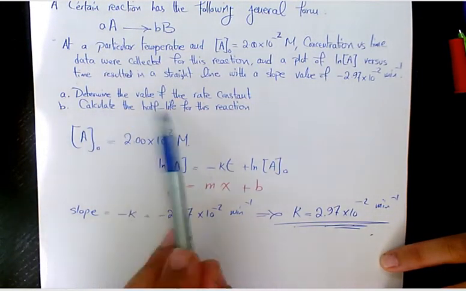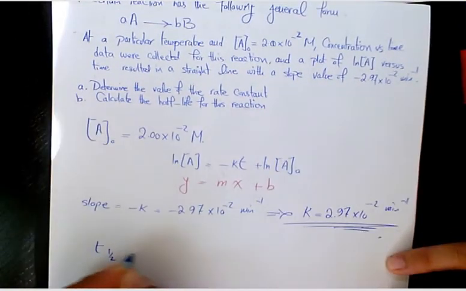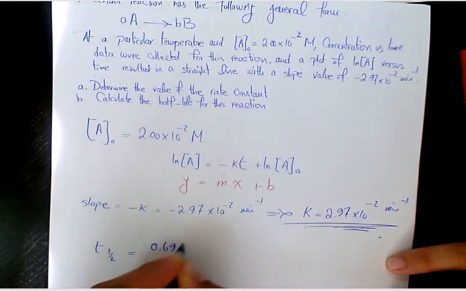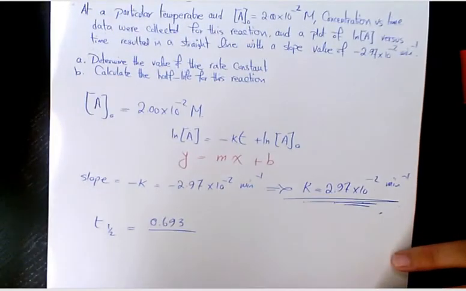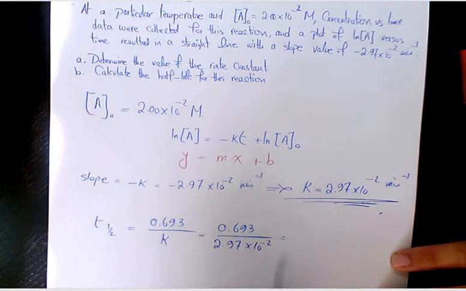It says calculate the half-life for this reaction. Again, the half-life equation for a first order reaction is 0.693 divided by k. So 0.693 divided by 2.97 times 10 to the power of negative 2.